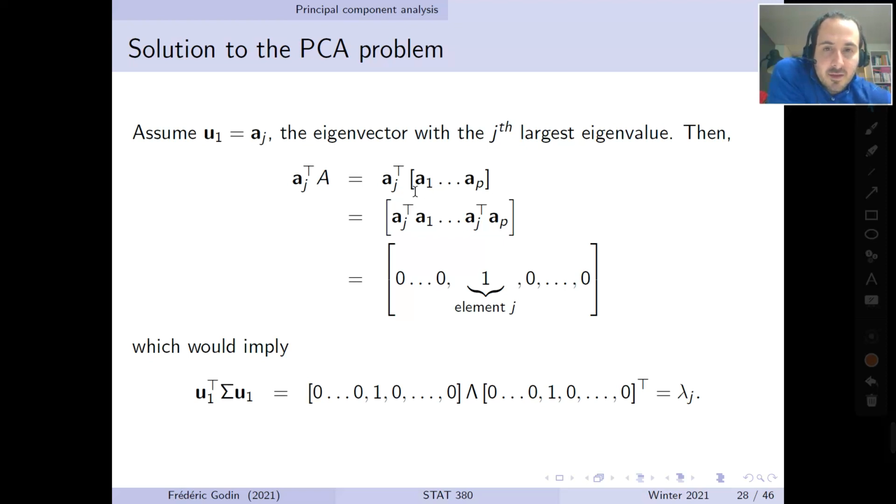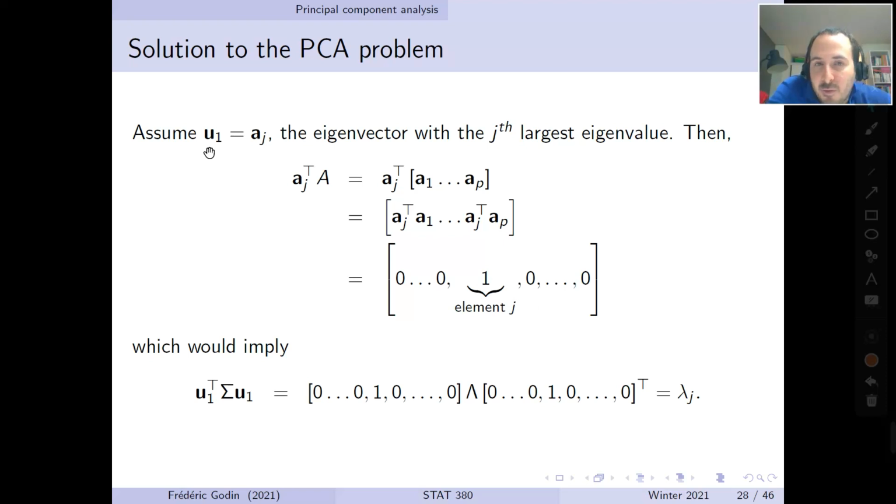And here the eigenvectors are an orthonormal basis. So if you make that product, this is aj transpose a1 until aj transpose ap. And because the a's are an orthonormal basis, these products are all zero due to orthogonality, except aj transpose aj, which is equal to 1 due to unit norm.